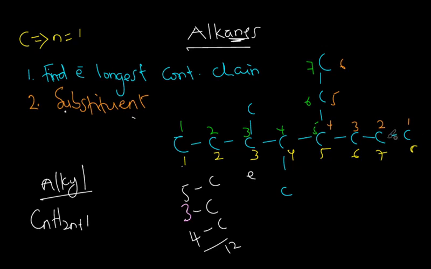So assuming we go in the reverse direction, we will be having this as our carbon 1, carbon 2, carbon 3, carbon 4. So the substituent we have over here will be on carbon 4, so we have 4. This will be on carbon 5, 5. This will be on what? Carbon 6, 6. Okay, so if we add this, we are getting what? 15.